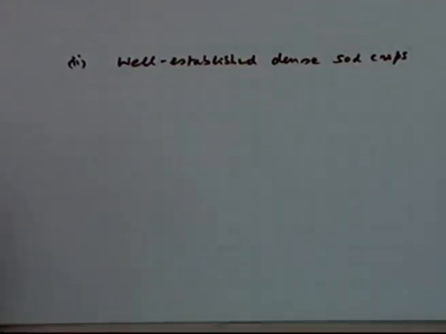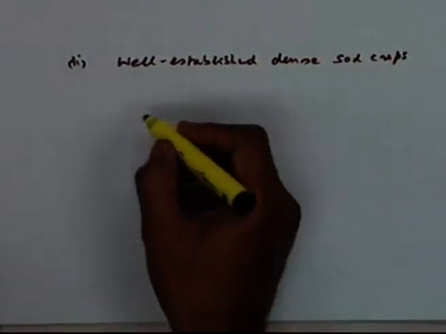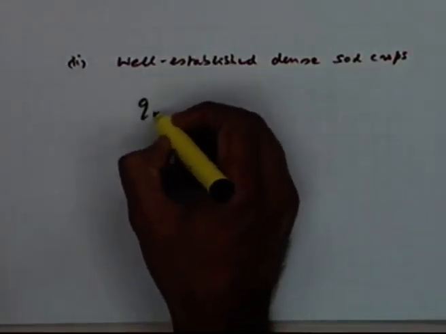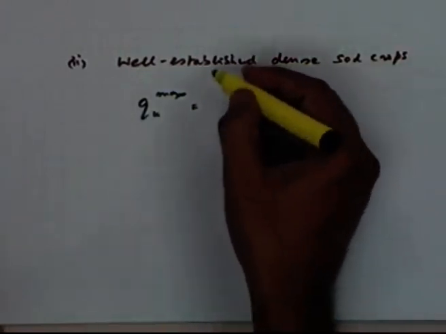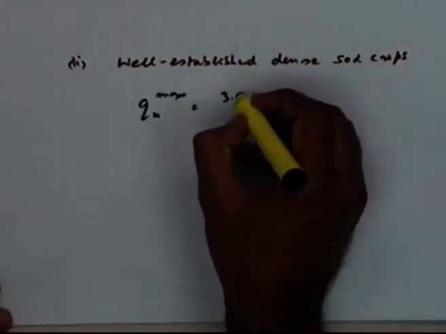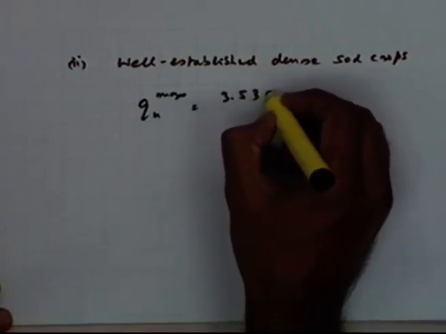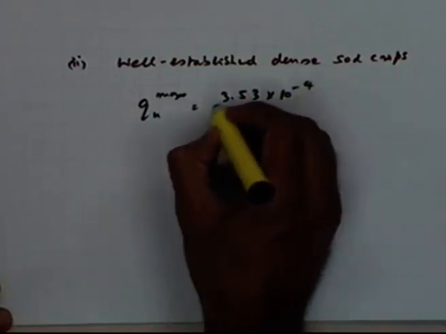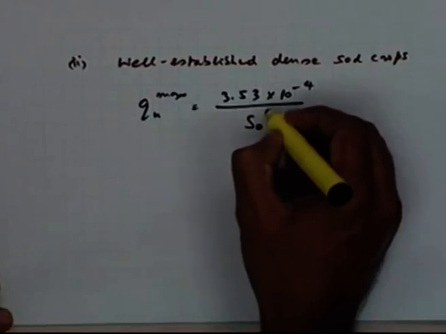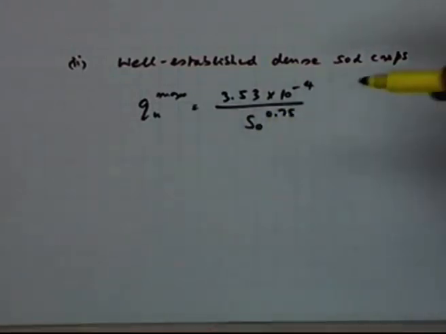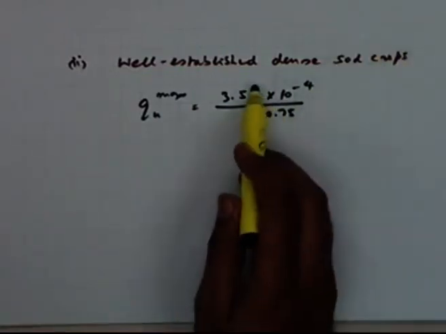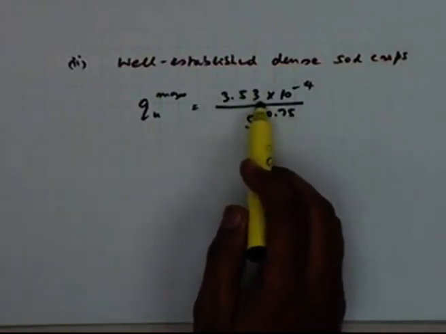So, you can afford to use a maximum stream size which is higher than the previous one, and the relationship which is recommended is similar to the previous one. So, you can see here that it is almost double than the previous, because we had used a coefficient of 1.765 in the previous case.